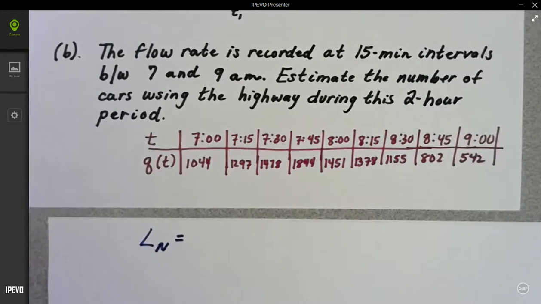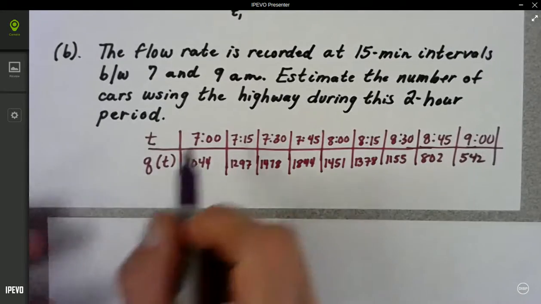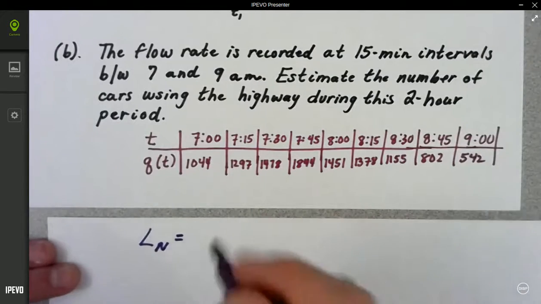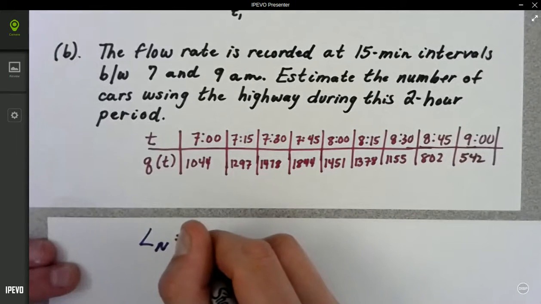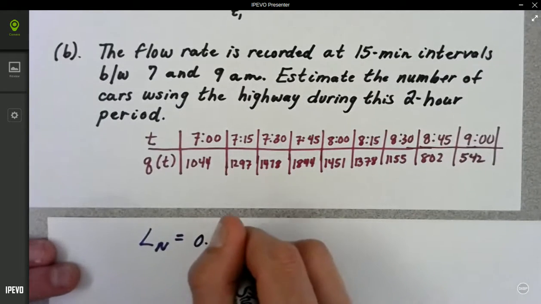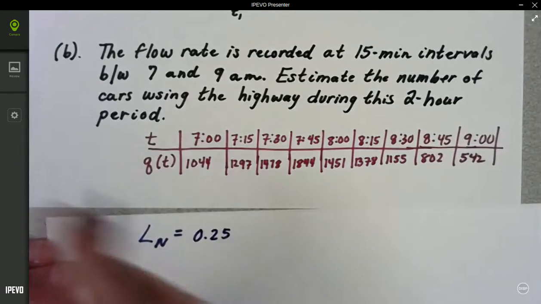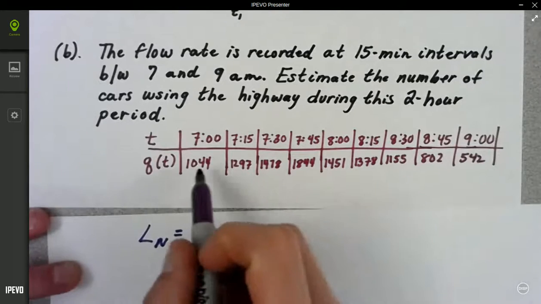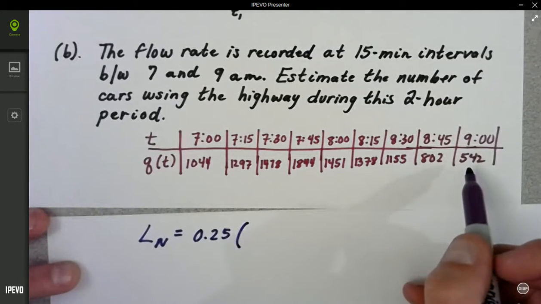Our interval is every 15 minutes, consistent all the way through, so our delta x is a quarter, because 15 minutes is 1/4 of an hour. We add the endpoints and skip the very last one, the 542.